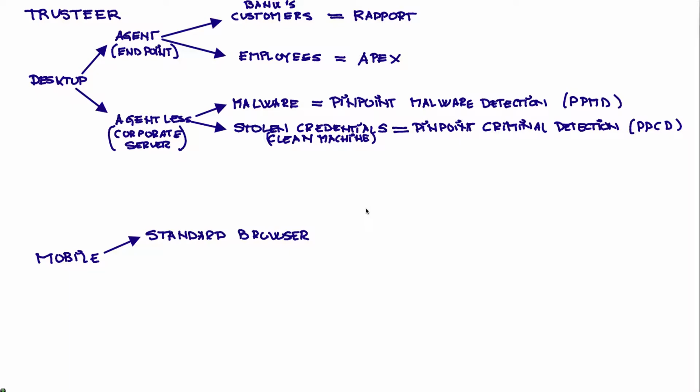Well, if you are going to be hitting the corporate site, you actually inherit the same agentless protection that Pinpoint brings into it. But we also have a secure browser, and actually I use that when I want to go into a site that I'm not sure whether it is good or not. I use that secure browser because I know I have the protection that Trusteer brings.